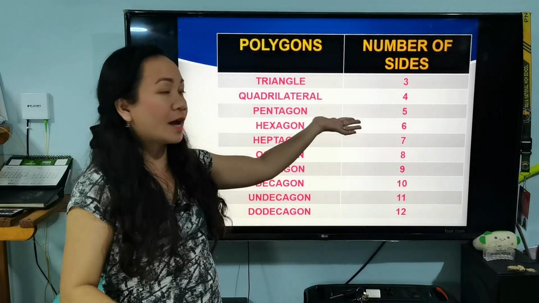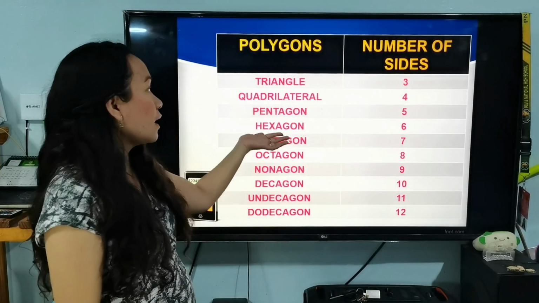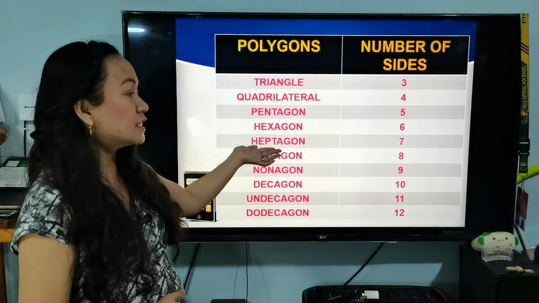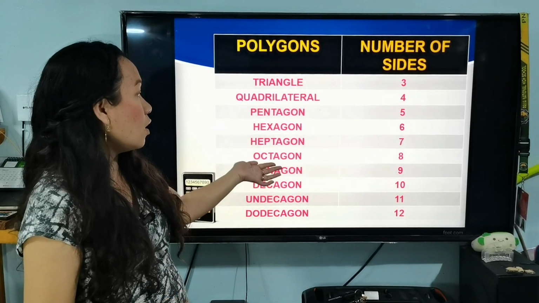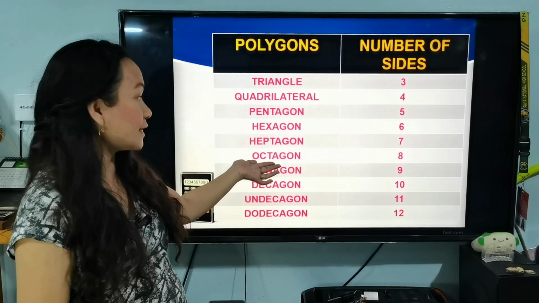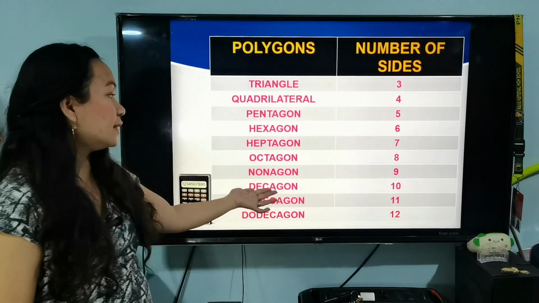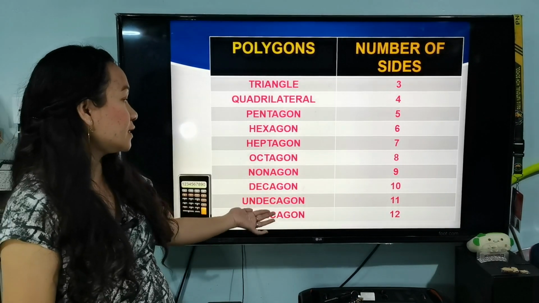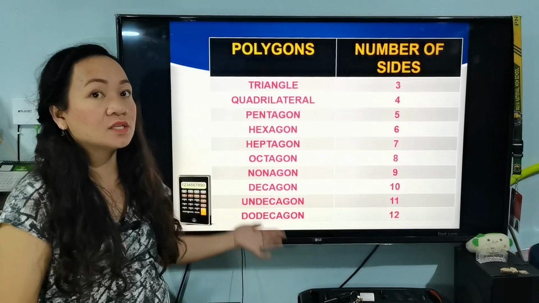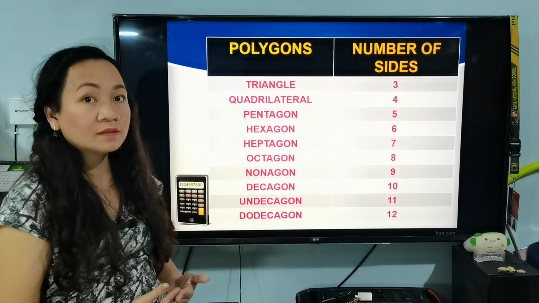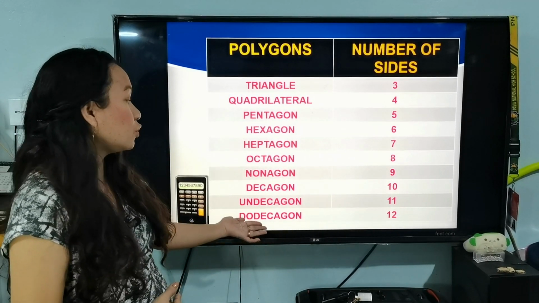Pentagon, 5 sides. Hexagon, 6 sides. Heptagon, 7 sides. Octagon, 8 sides. Nonagon, 9 sides. Decagon, 10 sides. 11 sides, that is what we call undecagon. And lastly, 12 sides, that is dodecagon.